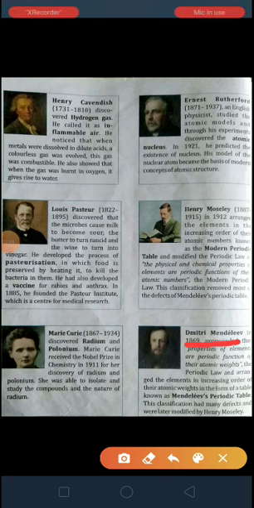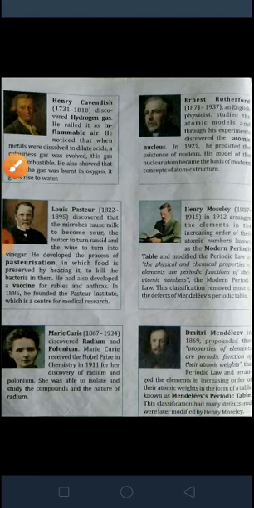Dmitry Mendeleev is well known for the periodic table. So our right option is Dmitry Mendeleev. Dmitry Mendeleev is well known for his work on the periodic table. That is option C, the correct one.